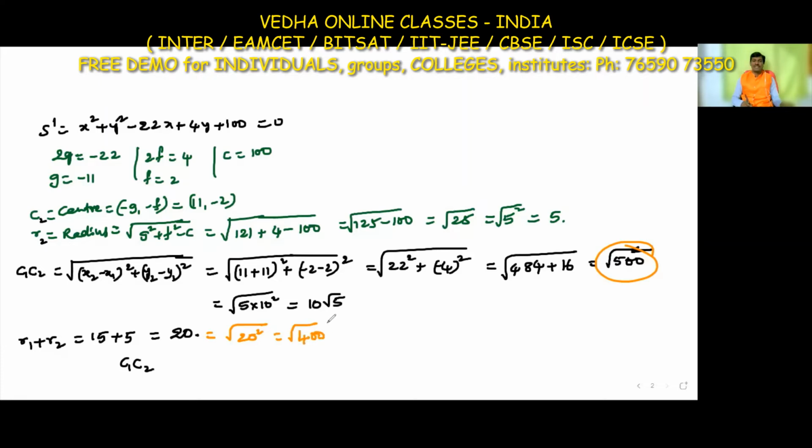Inside the root we can compare easily: root 400, root 500, which is bigger? Root 500 is bigger, obviously. So that means C1 C2 is greater than R1 plus R2. Therefore, one is away from the other.